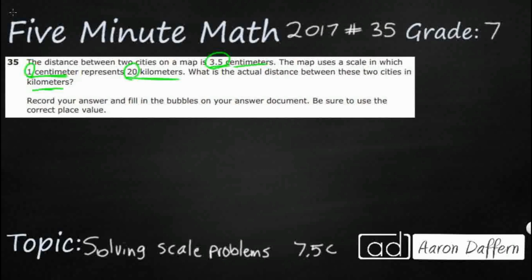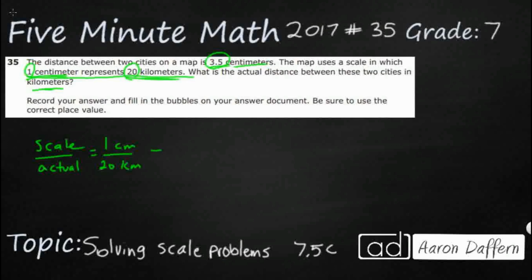So we've got the scale, and we've got the actual, right? So that's one way we can set it up. So we could say our scale is 1 centimeter to 20 kilometers. So that's our scale that we get from our story right here. 1 centimeter represents 20 kilometers.